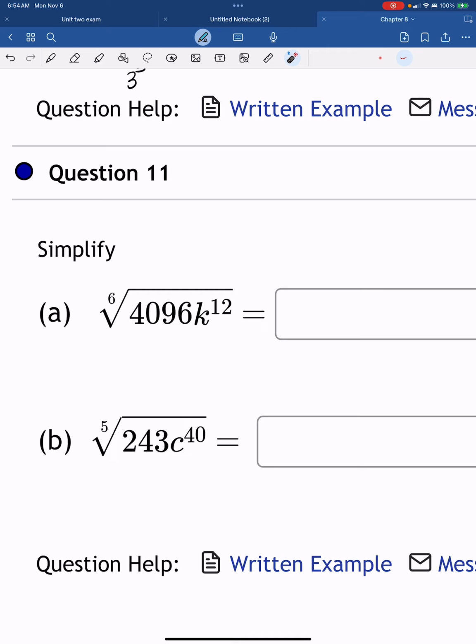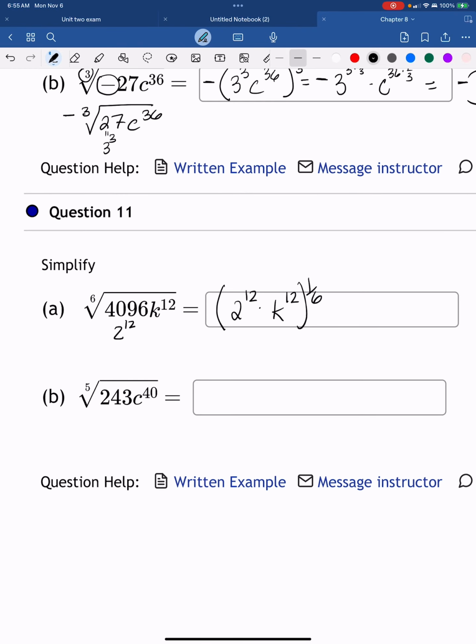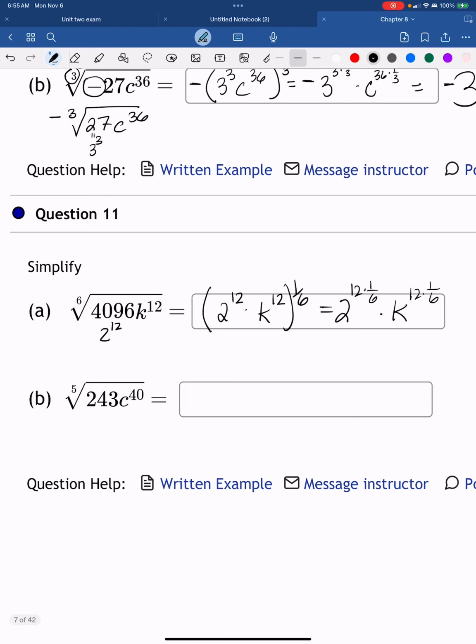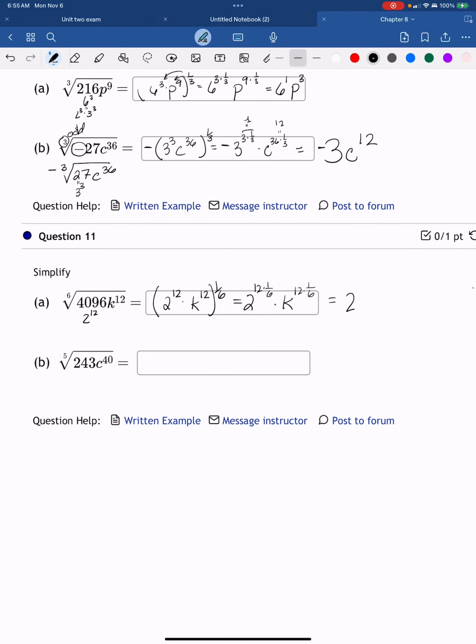So this is 2 to the 12th. So we have 2 to the 12th times k to the 12th, all to the 1/6 power. 2 to the 12 times 1/6, and we have times k to the 12 times 1/6. And that simplifies to 2 squared k squared, because that equals 2 and that equals 2.